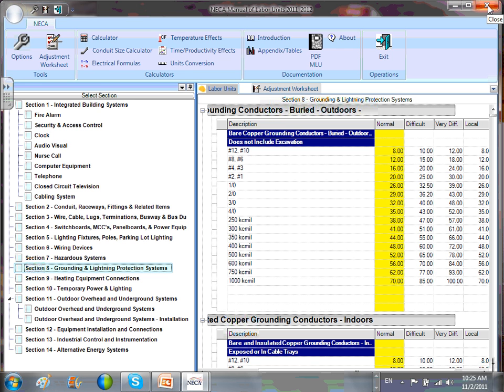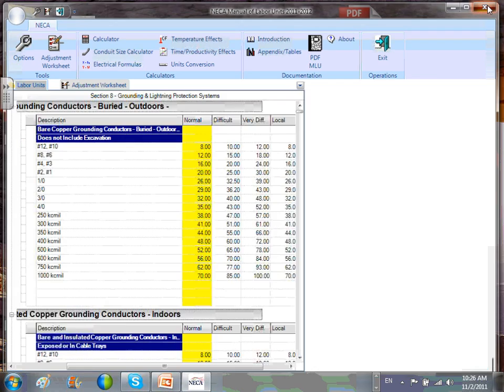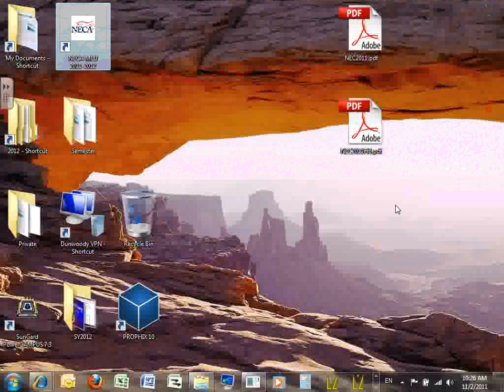Okay. Any question about the NECA unit labor manual that you guys have? You also have another labor unit manual. Everybody knows what a labor unit is? Fraction of an hour assigned to an equipment.